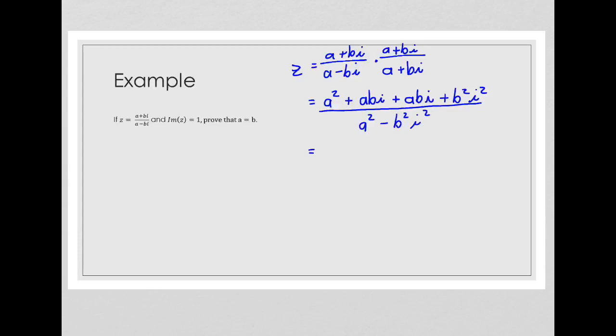So let's simplify this then. In the numerator, that will be a squared plus 2abi plus b squared times negative 1. Remember that i squared is negative 1. And the same here in the denominator.